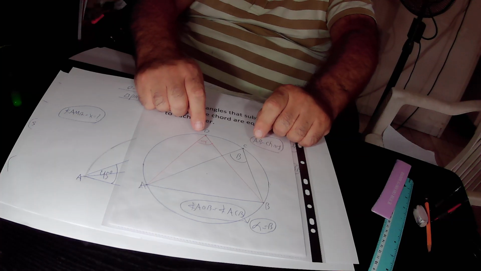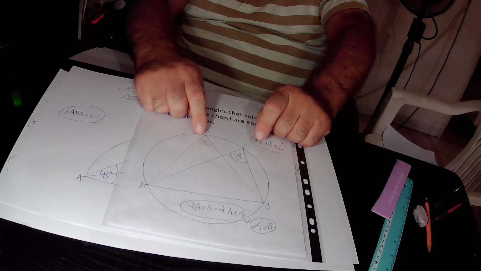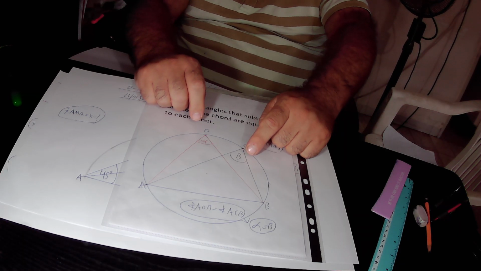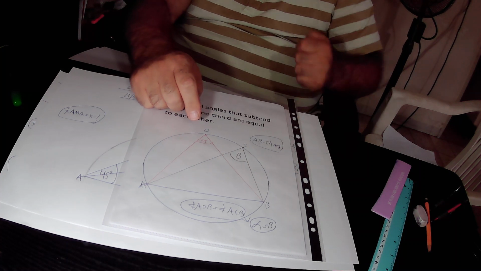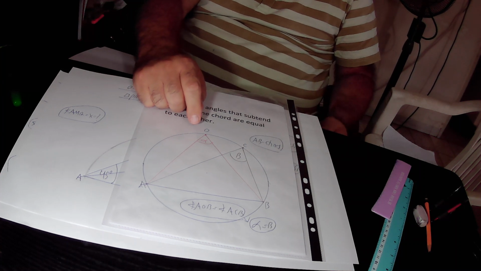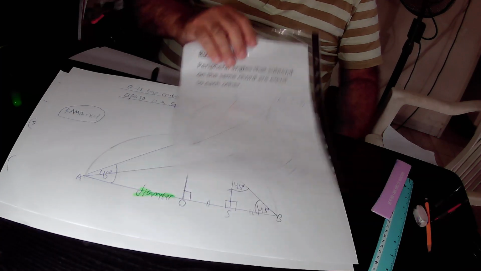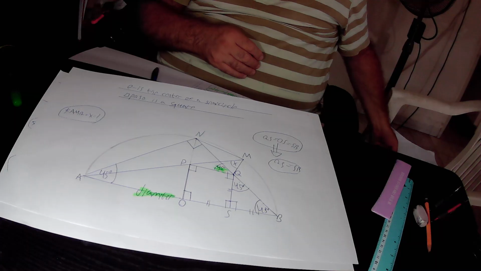That is to say, triangle AOB equals triangle ACB, or alpha equals beta. So if two or more triangles subtend on the same chord, they are equal to each other in their sizes. You can actually implement rule 16 in our drawing.